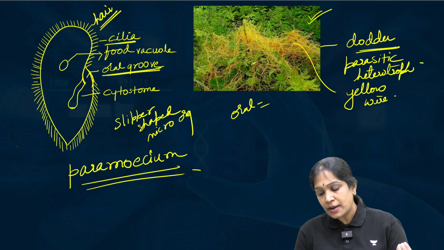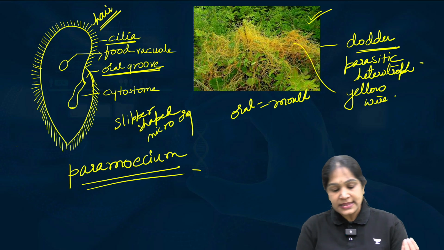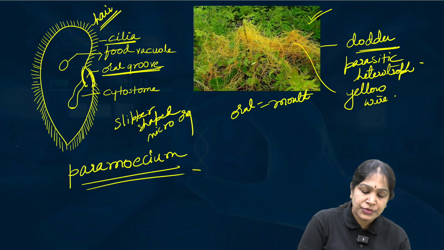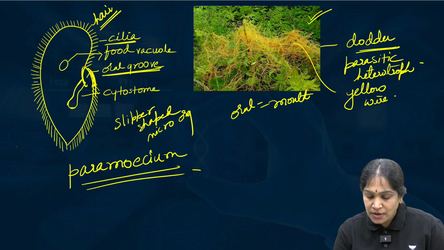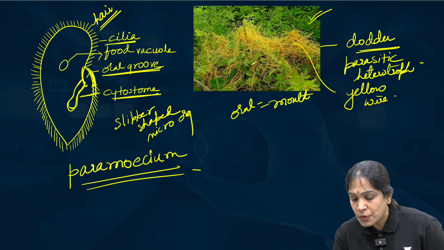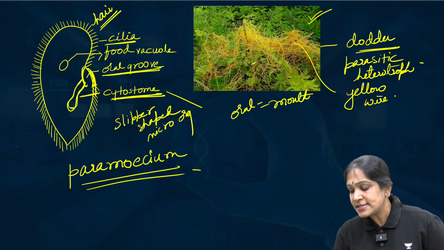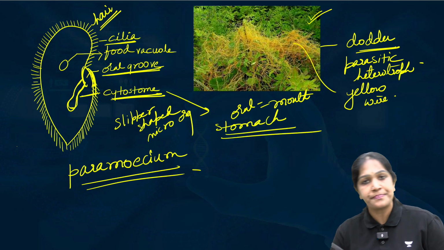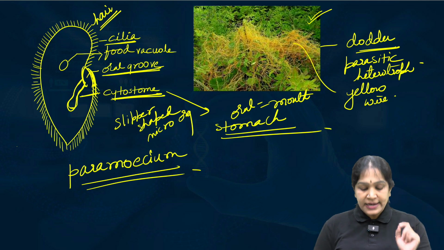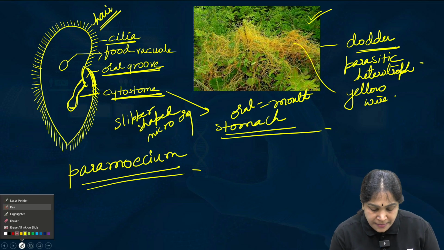Oral means mouth. So this is like the mouth of the paramecium, and this is called the cytostome. This is like the stomach of the paramecium. Let us suppose the food comes here.